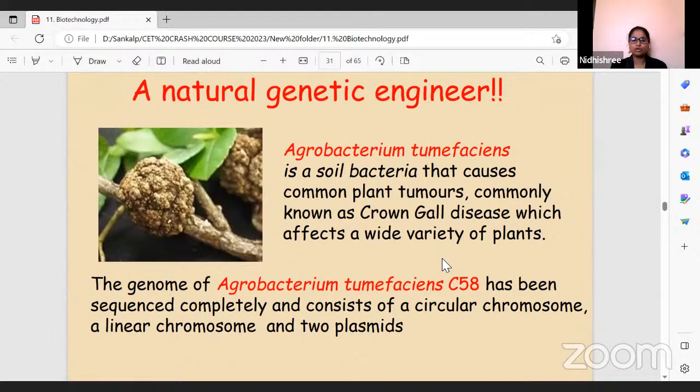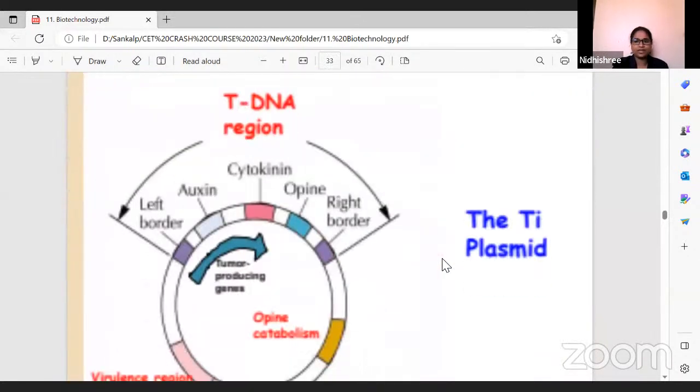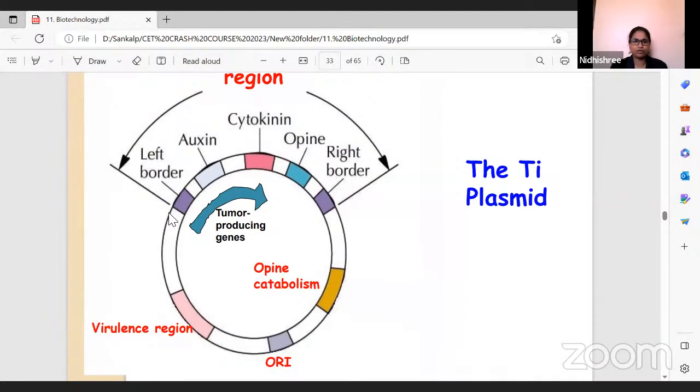The genome of Agrobacterium tumefaciens C58 has been sequenced completely and consists of a circular chromosome, a linear chromosome, and two plasmids. Then the T plasmid, a tumor producing plasmid, with left border, auxin, cytokinin, right border.